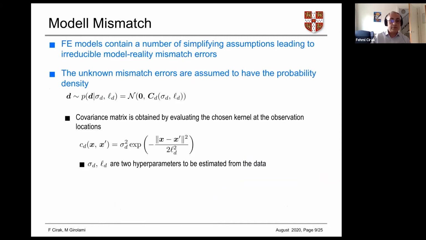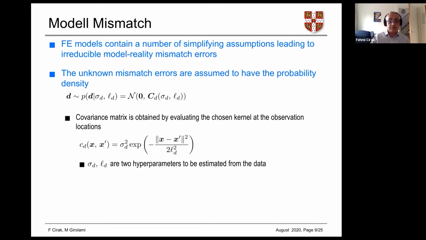Now the other missing density was the model mismatch. So model reality mismatch, the difference between the finite element model and reality. This is due to the usual engineering simplifying assumptions related to the boundary conditions and so on.